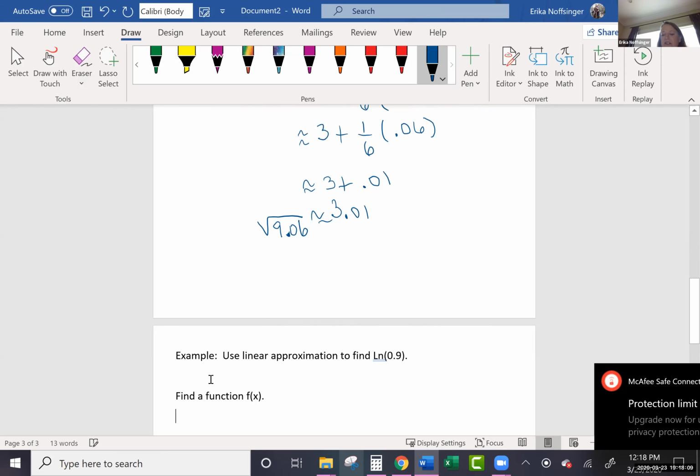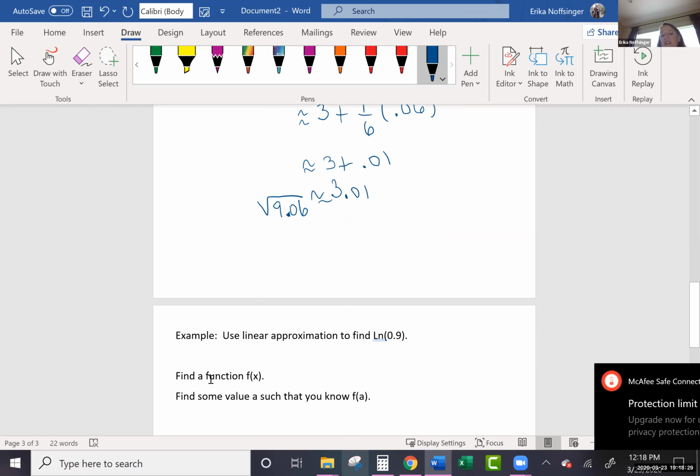And then you're going to try to find some value a such that you know what f of a is. I'm going to find f of a and the derivative at a.